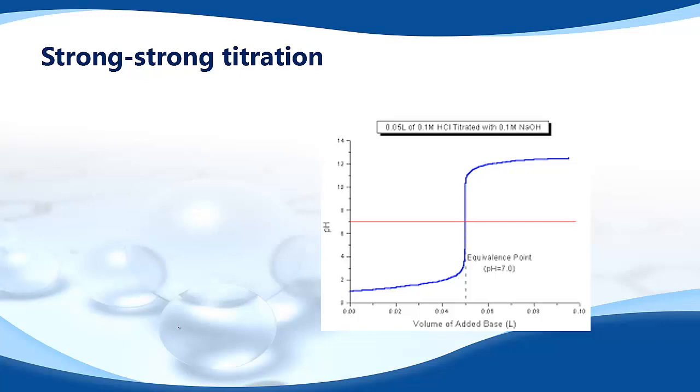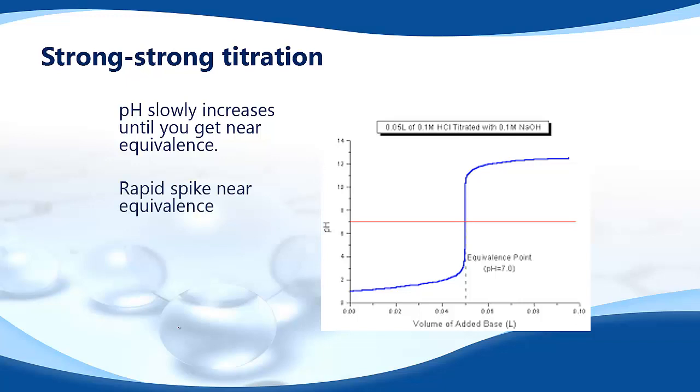And as we add NaOH, since it's basic, the pH will increase as we keep adding. Right, so the pH will increase fairly slowly as you get closer to equivalence. Because again, remember, pH is a logarithmic scale, so it's going to increase, but it'll increase at a very gradual pace. Once you get close to equivalence, you're going to see a spike.